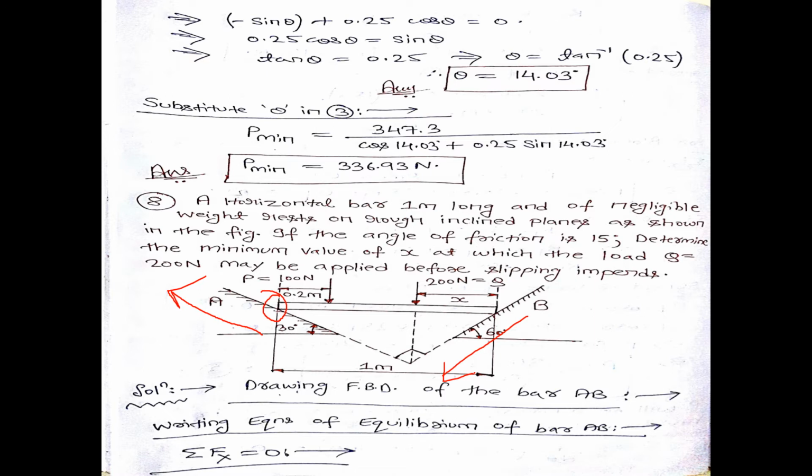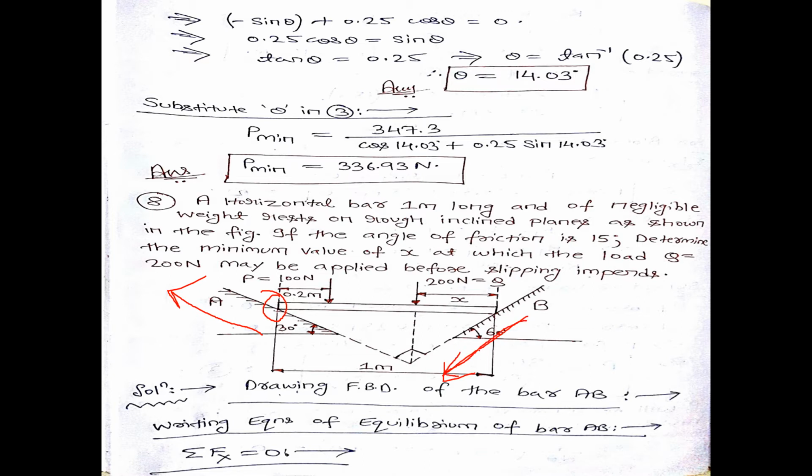Why? Because see, at end A, angle of inclination is 30 degree. At end B, angle of inclination is 60 degree. If you increase the angle of inclination, the body will try to come down. That means you can see that this end B of the bar will move in this direction. Why?